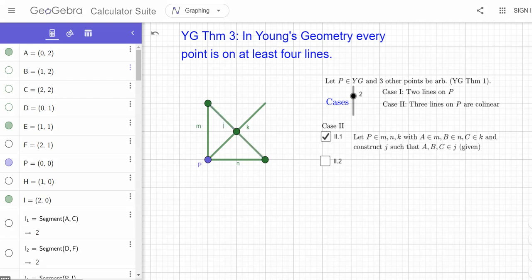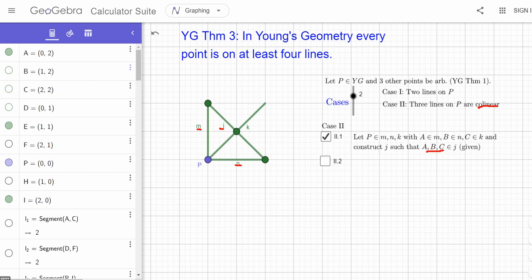So notice what we're doing here. We're just naming these things, right? So we're naming M, N, and K, the 3 lines that go from P out to the 3 points, okay? And we're going to construct J, if they're collinear. That's the point, that A, B, C are collinear.